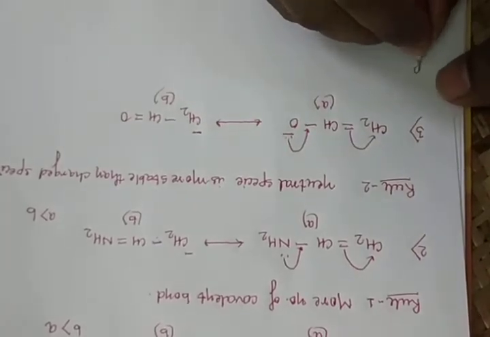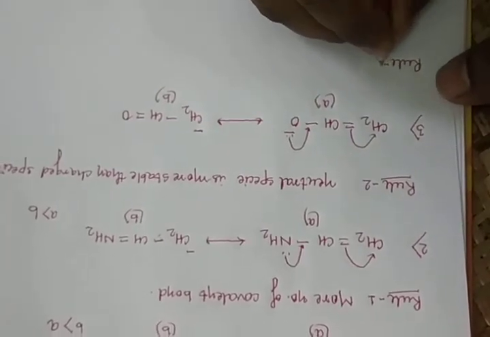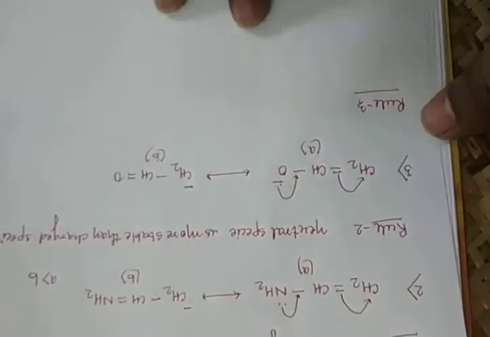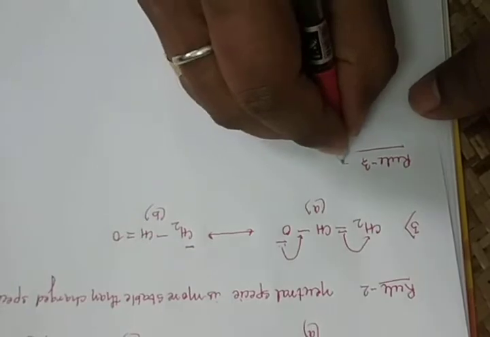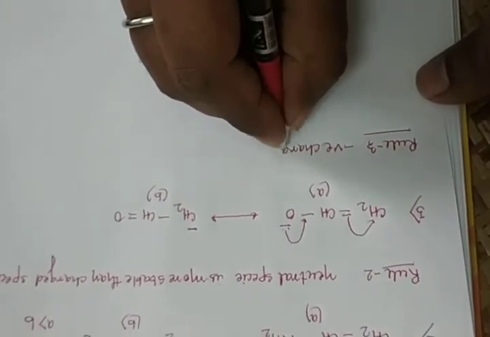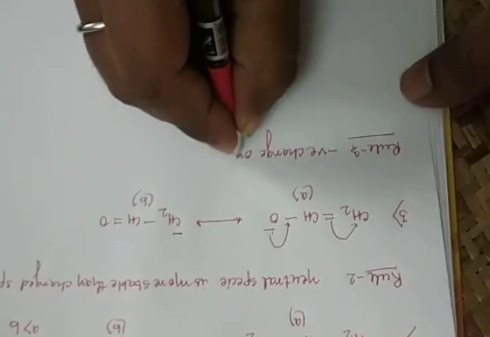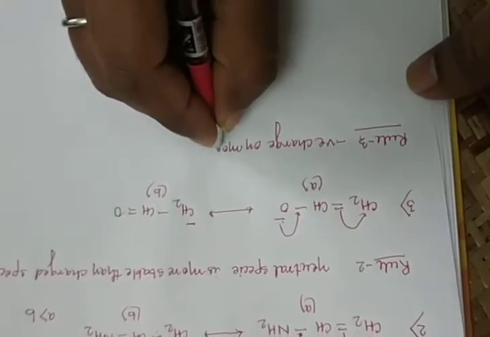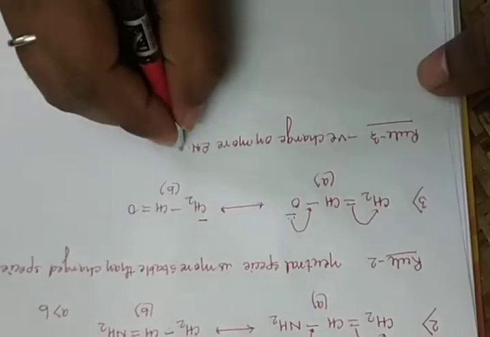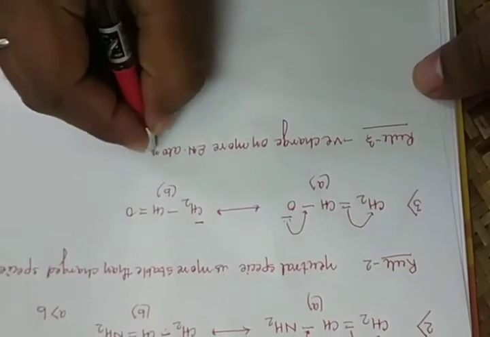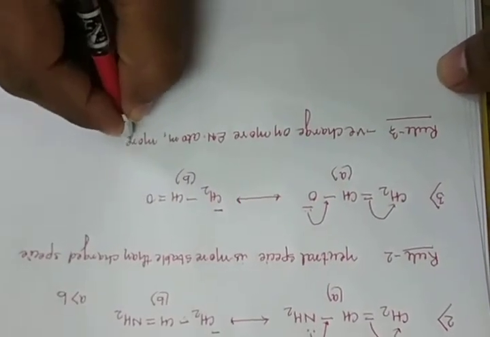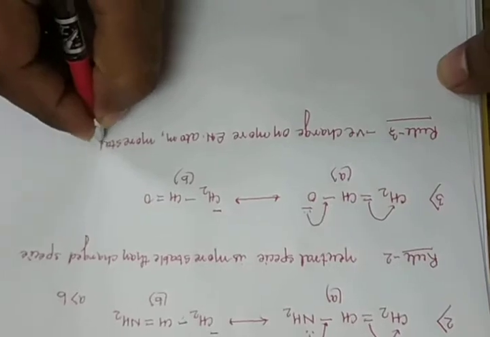So now there is rule number 3. First you apply rule number 1, then rule number 2, then apply rule number 3. Rule number 3 is: negative charge on a more electronegative atom shows more stability.